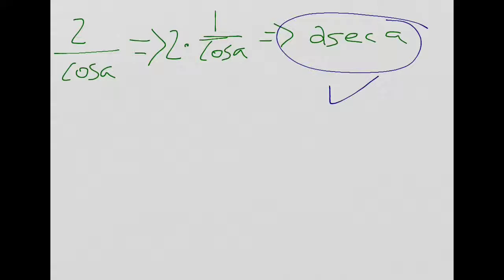The main thing to remember in all of this is if you can remember your trig identities, the reciprocal identities and the Pythagorean identities, plus tangent is equal to what in terms of sine and cosine? It's sine over cosine. Tangent is sine over cosine.